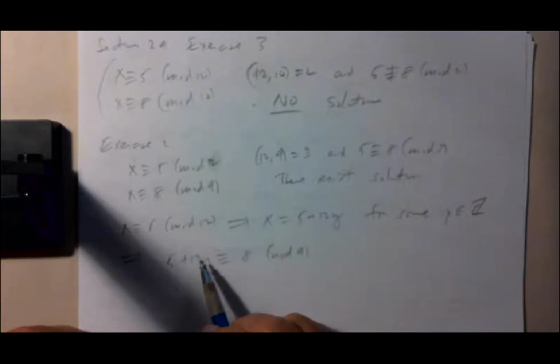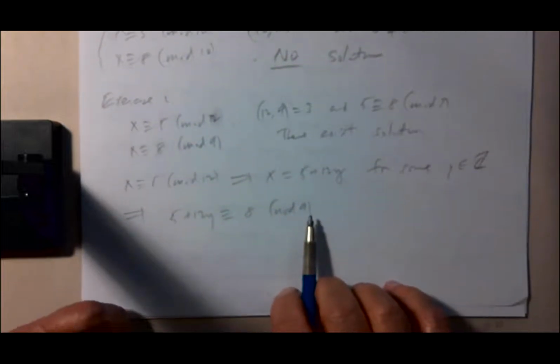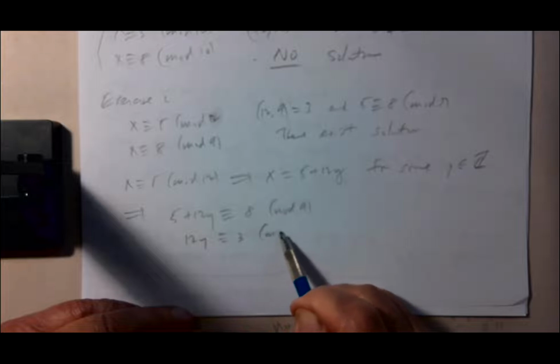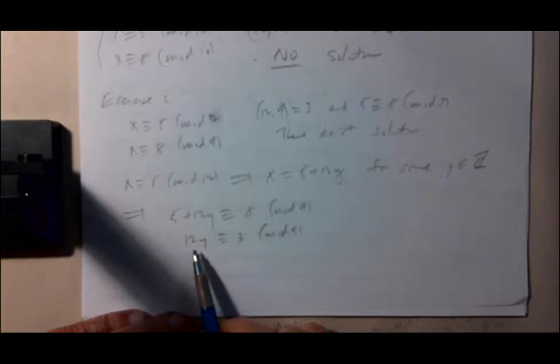So x congruent to 8 mod 9 means that 5 plus 12y has to be congruent to 8 mod 9. So this is just one congruence, 12y congruent to 3 mod 9. 12 is the same as 3 mod 9, so 3y congruent to 3 mod 9. So y is congruent to 1 mod 3. Right?